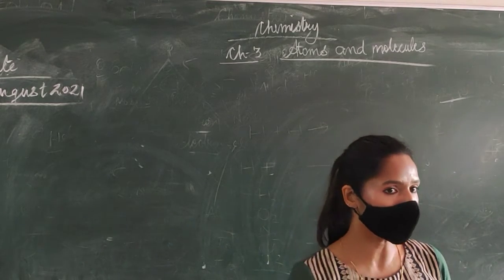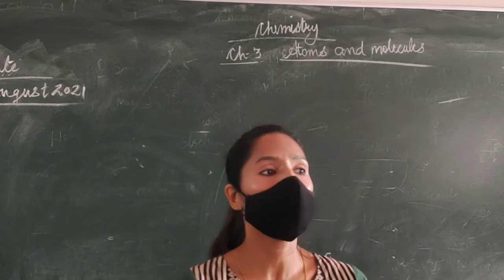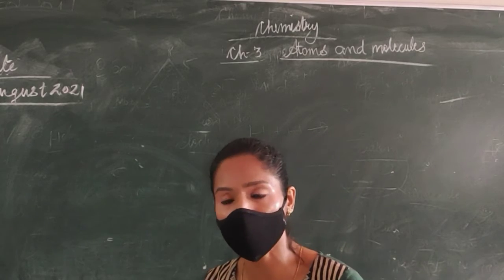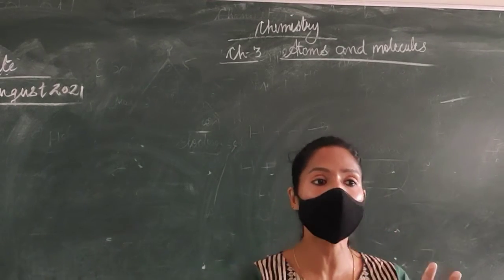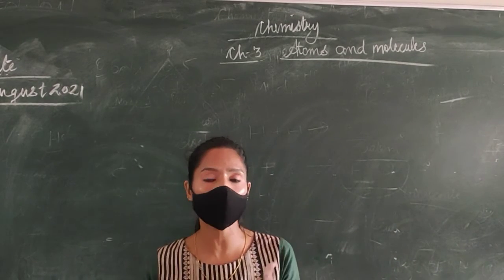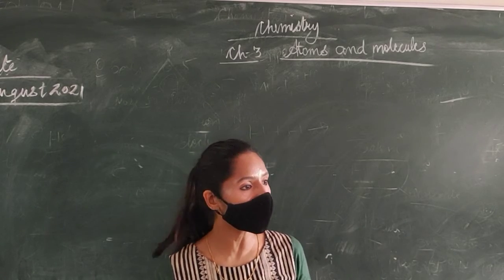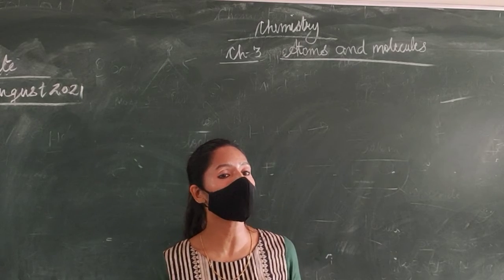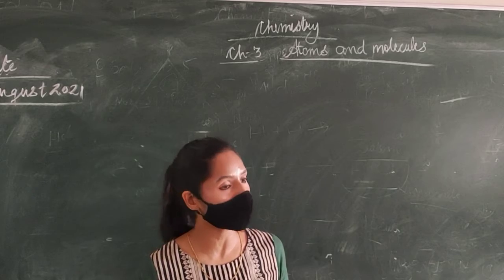Now this chapter tells us about how these atoms and molecules form chemical reactions. When atoms combine with another atom, it forms a molecule. So during the formation of a molecule, there is a chemical reaction which undergoes. These compounds, these elements, we call chemicals. Our body is made up of chemicals.